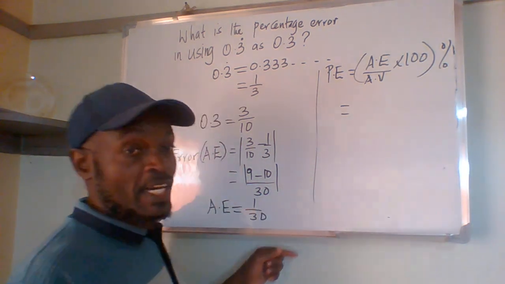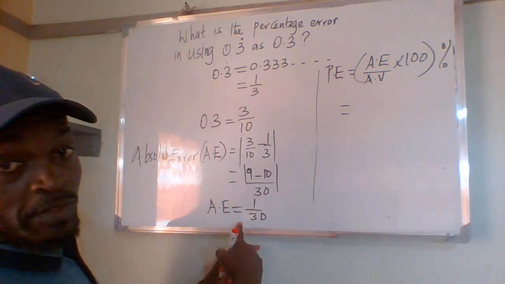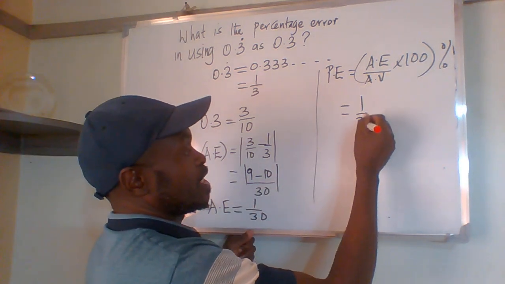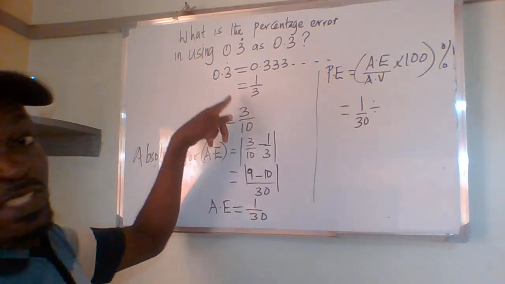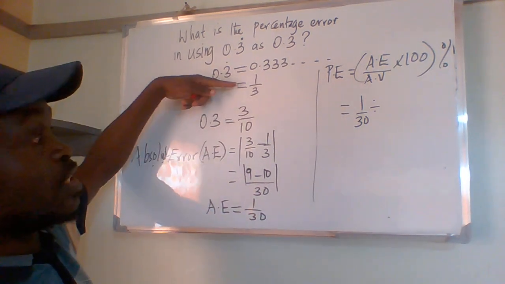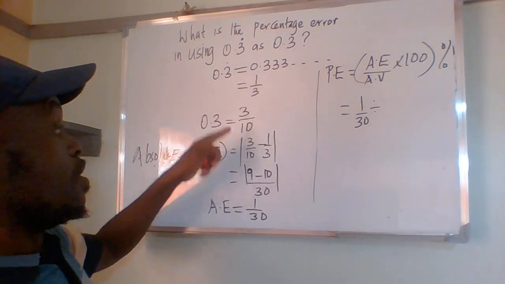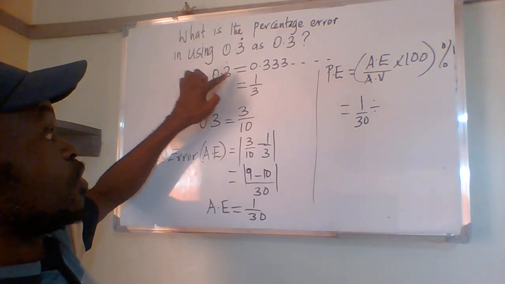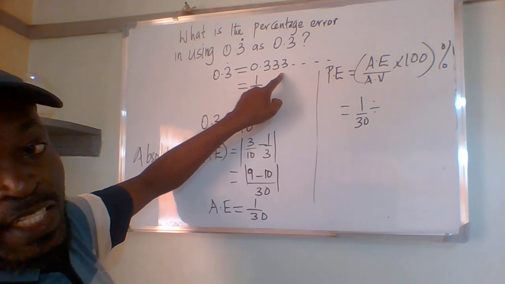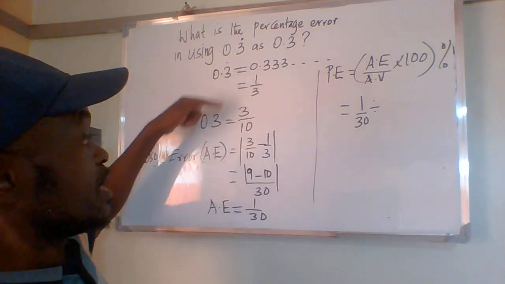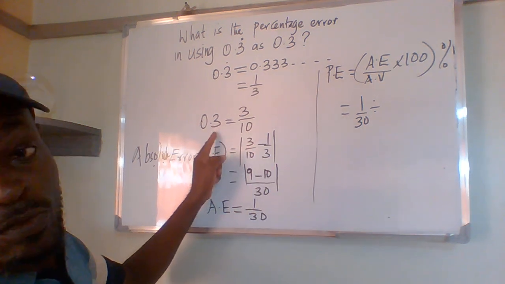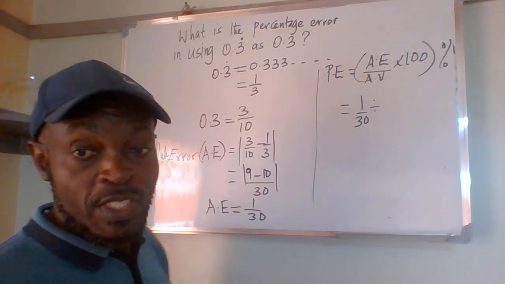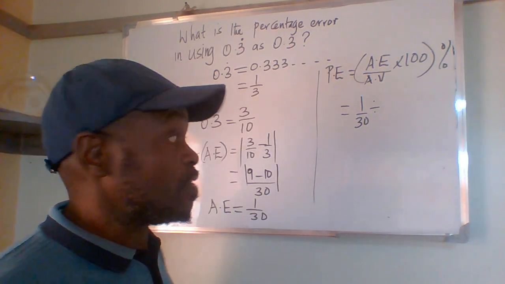So in our case here, what is our absolute error? As we have calculated, it is 1 over 30. And then we divide by the actual value. What is the actual value? The actual value is the original one before rounding it off. If you consider the recurring decimal as 0.3, it means you've rounded it off to one decimal place. That's why you now have 0.3, which is actually 3 over 10.